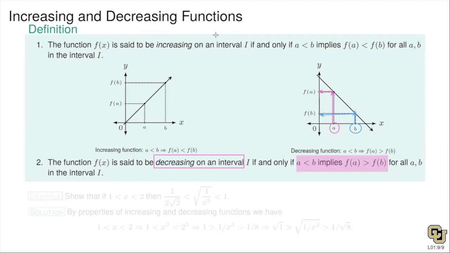So here's f of B. So look, you see for a decreasing function, if A is less than B, then f of A will be greater than f of B. And again, what I really, really want you to do is match up the picture and the analytic definition. We want left side of the brain and right side of the brain to be connecting these concepts, okay?